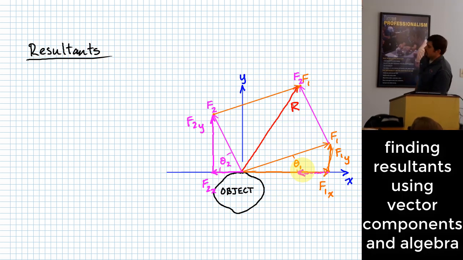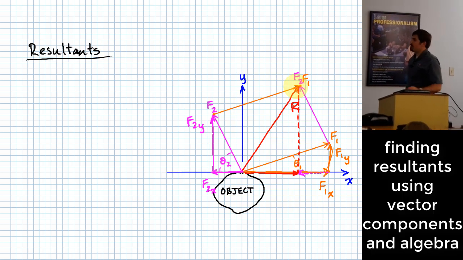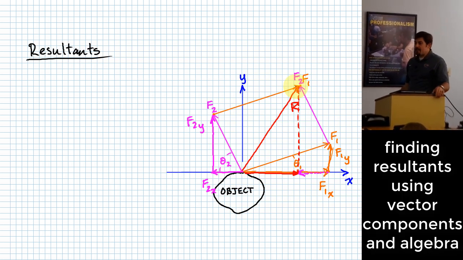And you'll notice that by doing that, I have come up with the x component of the resultant. See that? Gives me the same exact thing as what I did geometrically.